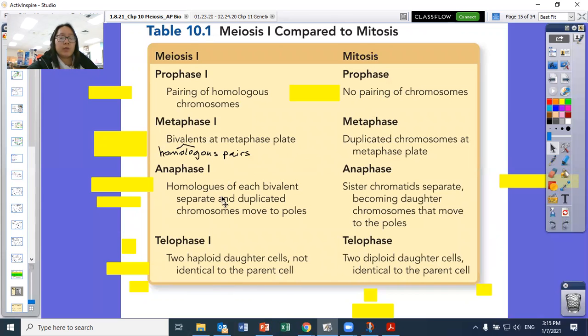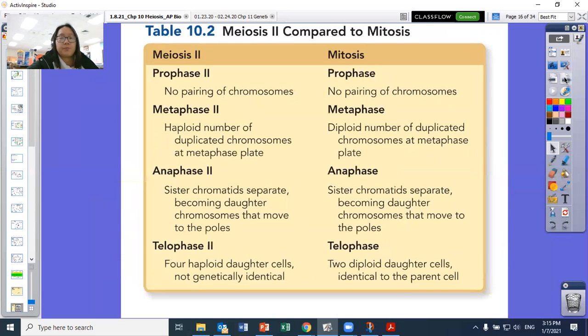In anaphase 1, when they're being pulled apart, the homologs are pulled apart rather than the chromatids like in mitosis. And in telophase 1, 2 haploid daughter cells are produced, and they're no longer identical to the parent cell, whereas in telophase of mitosis, they are 2 diploid cells, and they're identical to the parent cell.